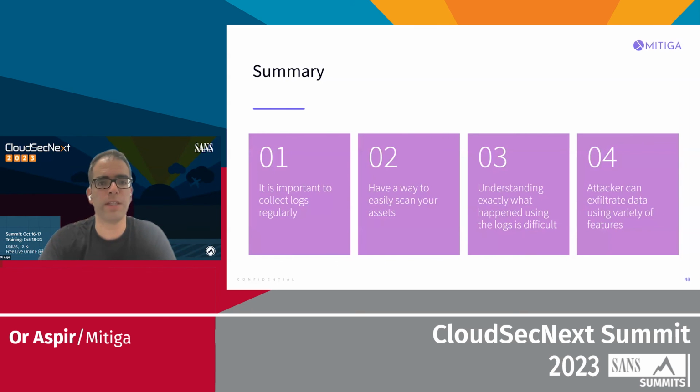When you come back to your office, please check which data access activity logs are enabled for which services in all of the projects. And collect those logs in a way that if you have an incident, you can still investigate and check what happened.